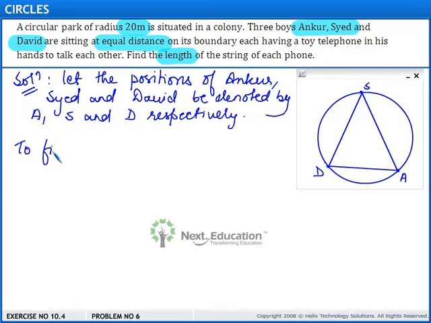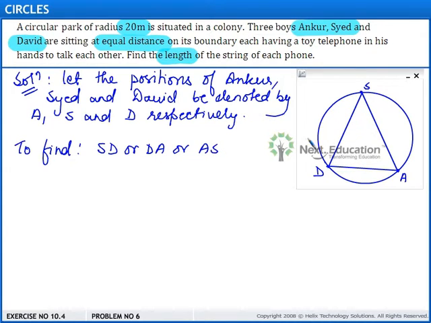We have to find SD or DA or AS. Since the distance between the three boys is equal, therefore we have to find any one of the three, SD, DA or AS.